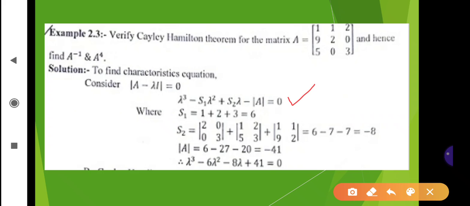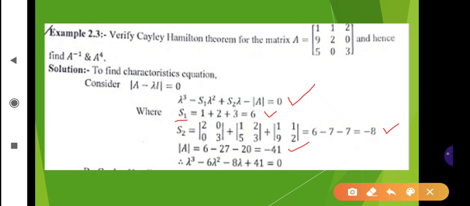Then finding the values of s1, s2 and the determinant, we will get s1, that is the sum of diagonal elements, it is 6. Then s2 is the sum of minors of diagonal elements. After solving this we will get the answer minus 8, that is s2. And when you solve for the determinant of the given matrix, we will get the value of the determinant equal to minus 41.